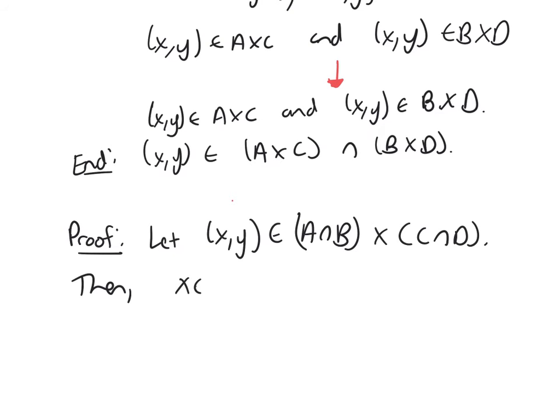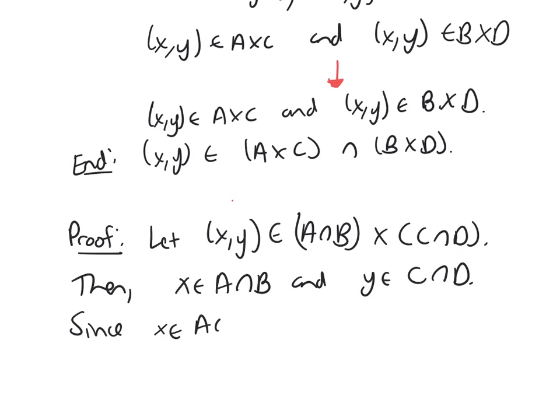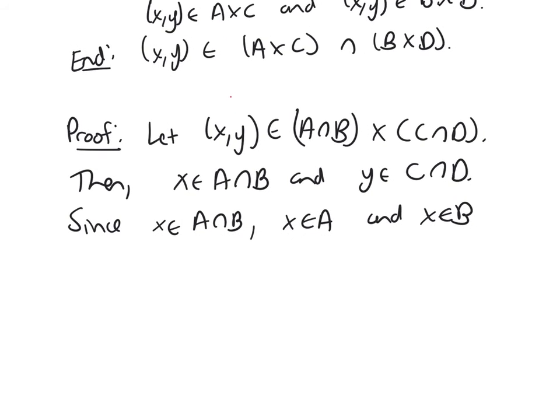Then x is in A ∩ B and y is in C ∩ D. Since x is in A ∩ B, x is in A and x is in B. Since y is in C ∩ D, y is in C and y is in D.